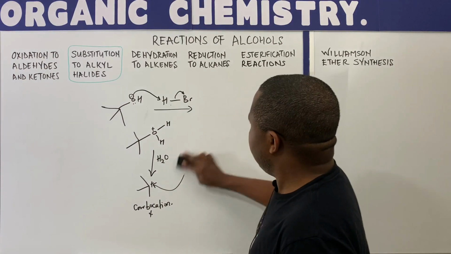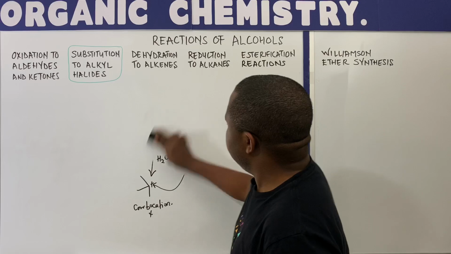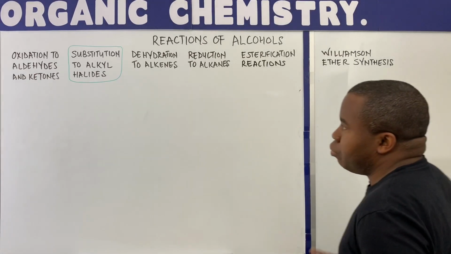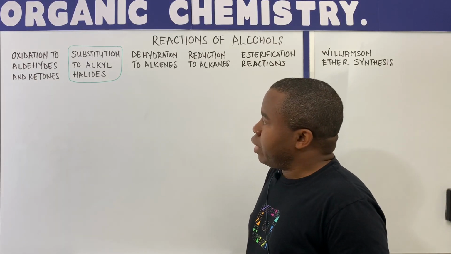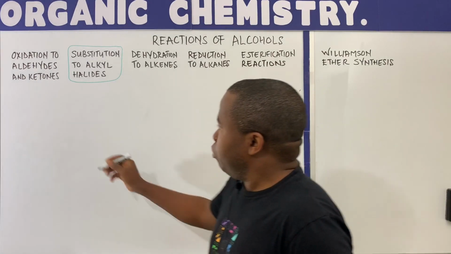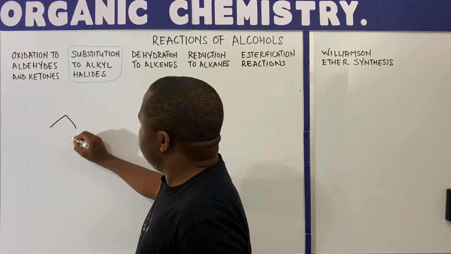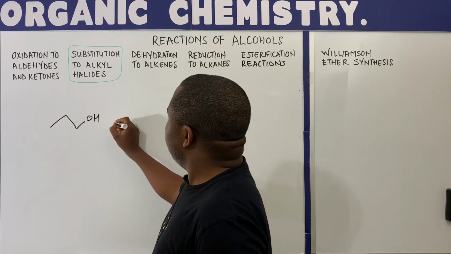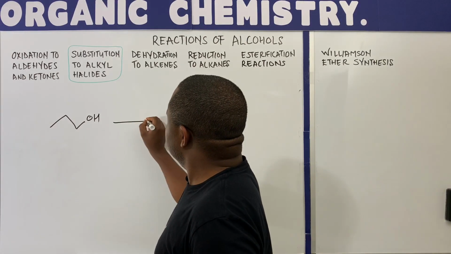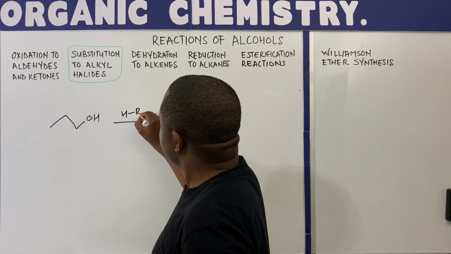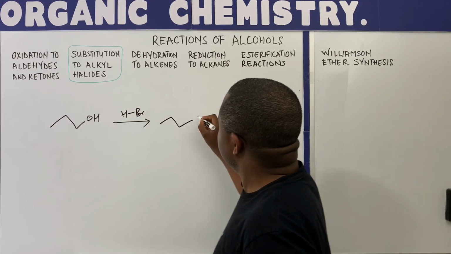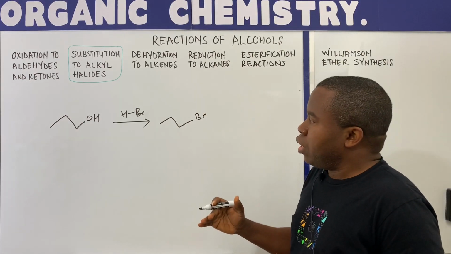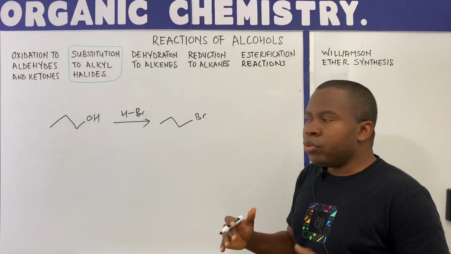So we're going to see another example with a primary. So that was a tertiary alcohol. We're going to see another example with a primary and a secondary alcohol, but we're just going to use maybe just a primary alcohol. So we can do this reaction with HBr so that we have this. But in this case, the nucleophilic substitution is going to happen concurrently.